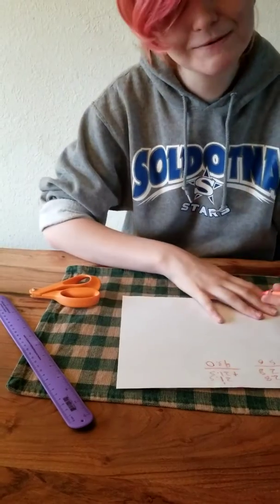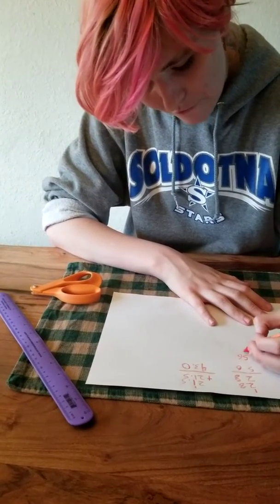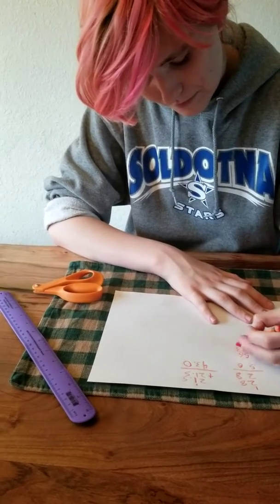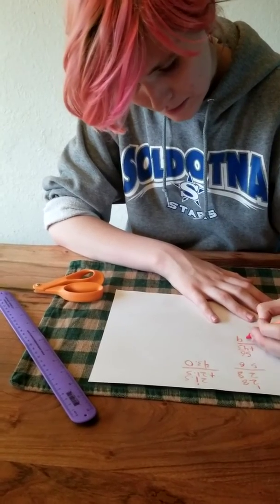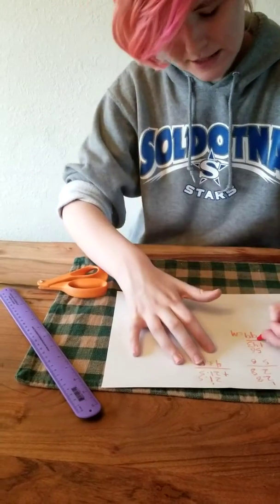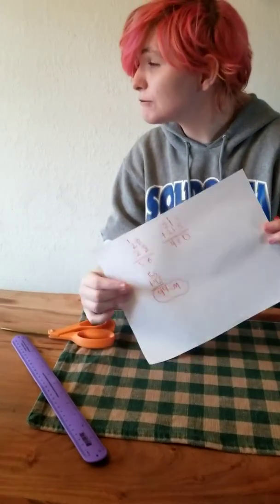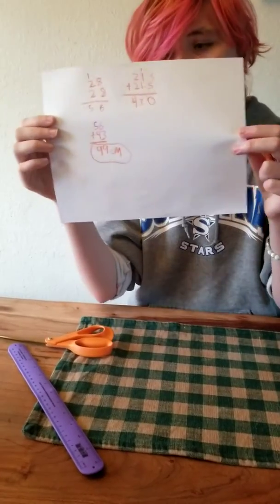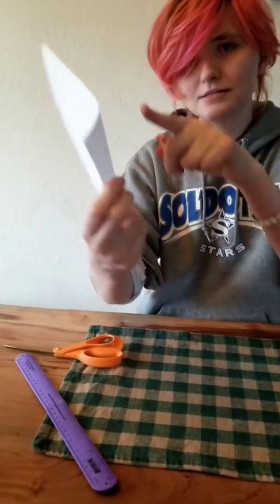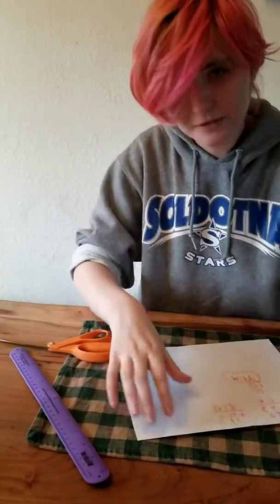All right, here comes the fun part. It's time to add 56 plus 43. 99 centimeters is the perimeter. Sorry guys, my dog is barking. Candy, please be quiet, okay? 99 centimeters is the perimeter all the way around the piece of paper.